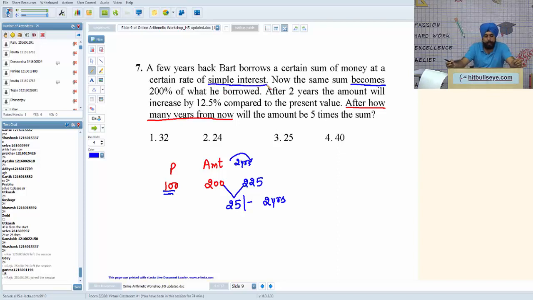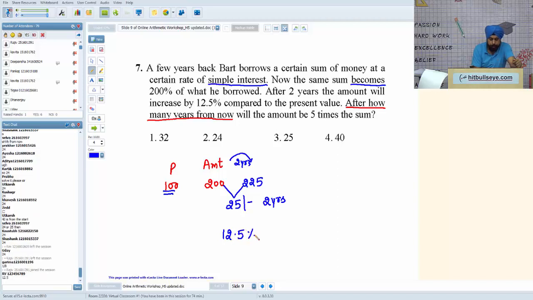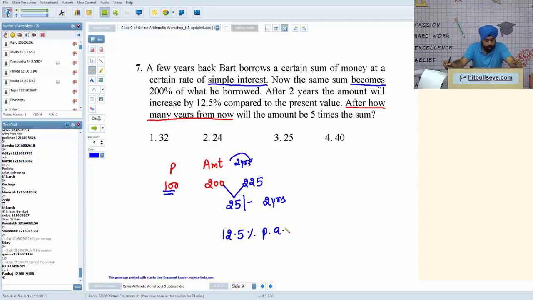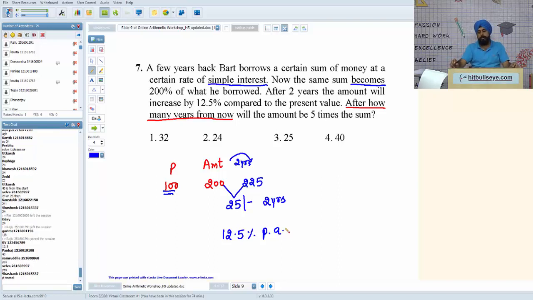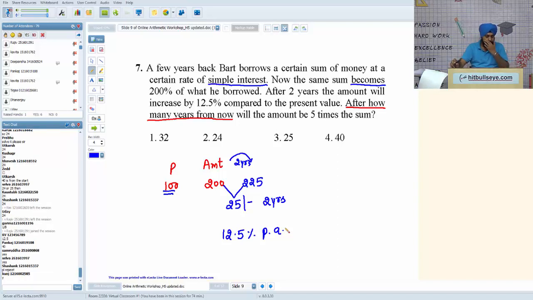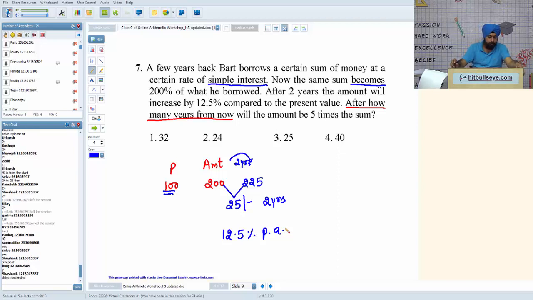So if you earn 25 rupees in 2 years, that means your rate of interest happens to be 12.5% per annum. Is that okay, students? Because you earn 25 rupees on 100 in 2 years, that means if 25% is earned in 2 years, your rate is 12.5% per annum.